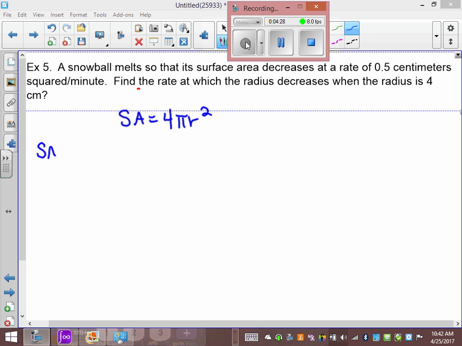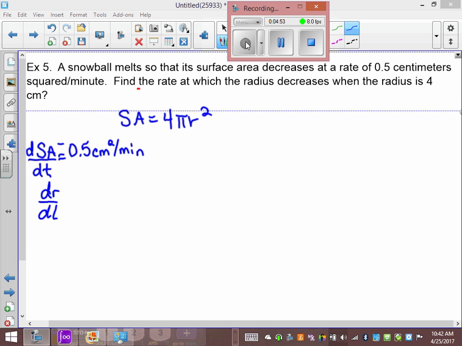So d surface area over dt. If you did just s, or just a, that's fine. 0.5 centimeters squared per minute, but it's minus, because it's decreasing. Find the rate at which the radius is decreasing, so dr over dt.